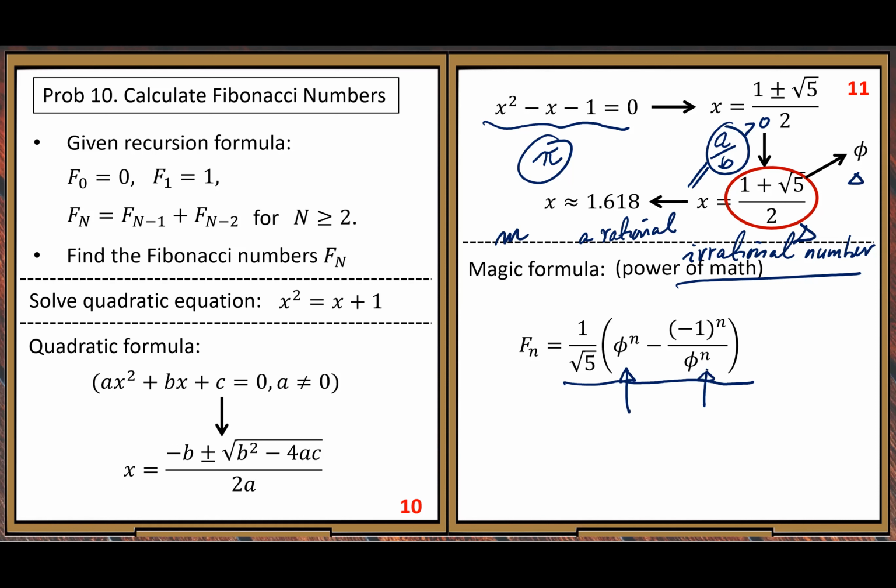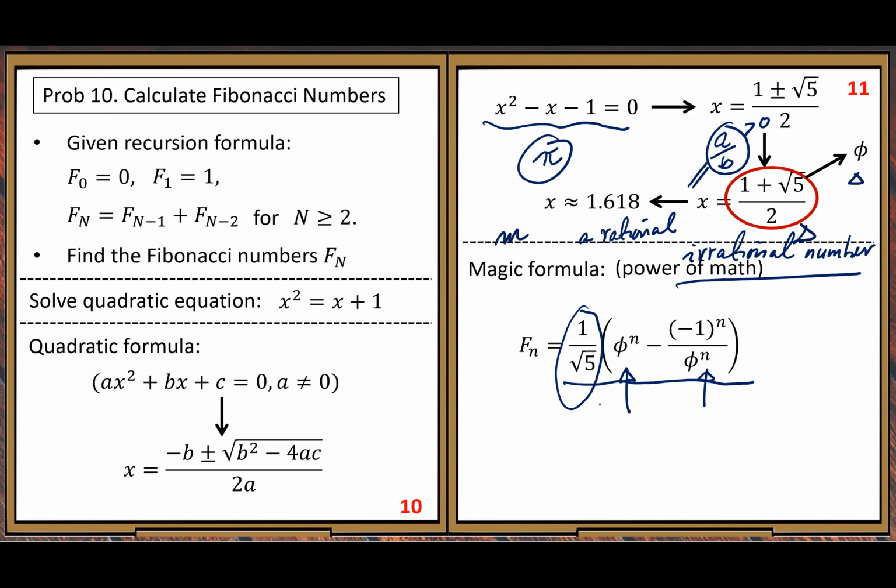After that, we need to multiply by another irrational number, 1 over root 5. After that kind of complicated computing process, we end up with some nice, beautiful integer.